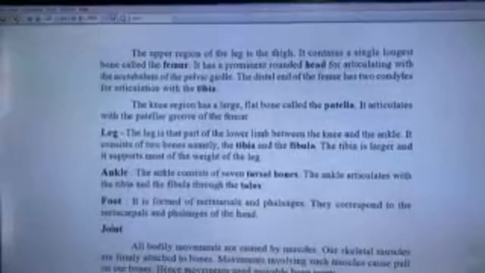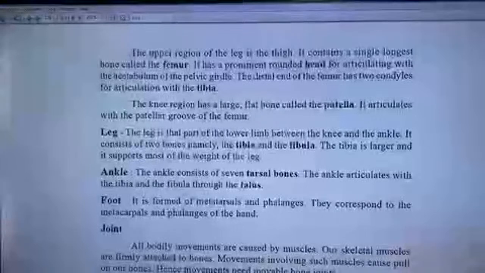It contains the single longest bone, called the femur. It has a prominent rounded head for articulating with the acetabulum of the pelvic girdle. The distal end of the femur has two condyles for articulation with the tibia. The knee region has a large flat bone called the patella. It articulates with the patellar groove of the femur.